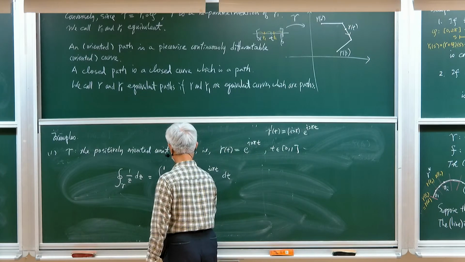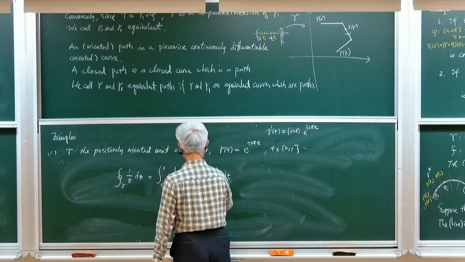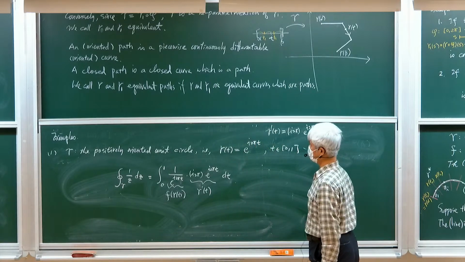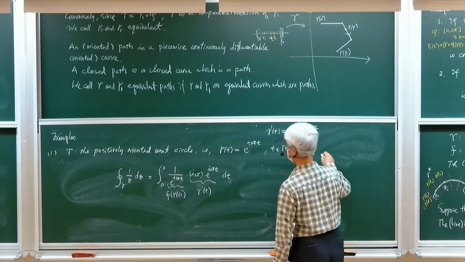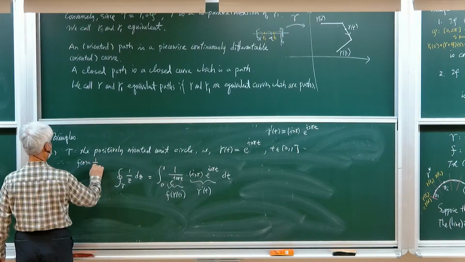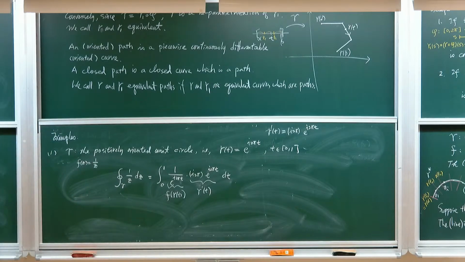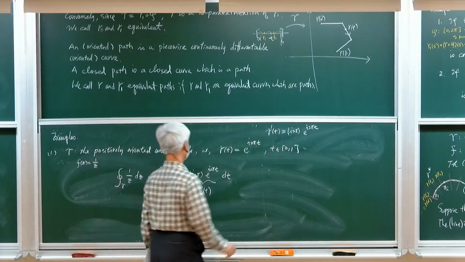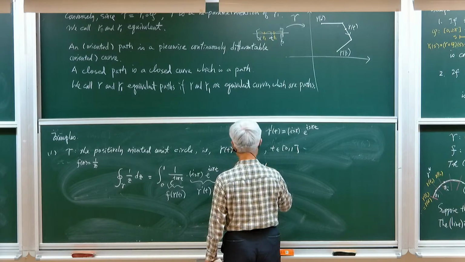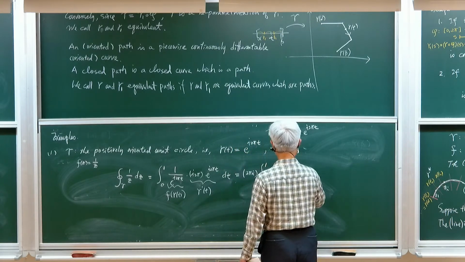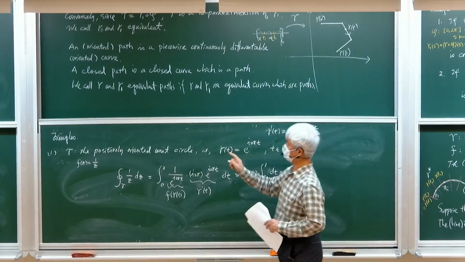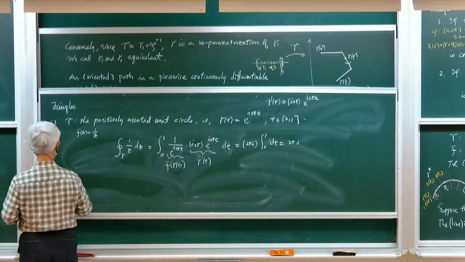This is f of gamma t, and here is gamma prime t, where f of z is 1 over z. So we have 2 pi i times the integral from 0 to 1 of 1 dt. So the line integral is 2 pi i here.